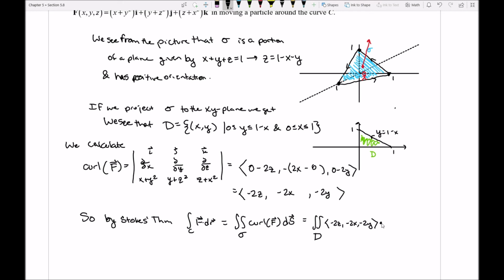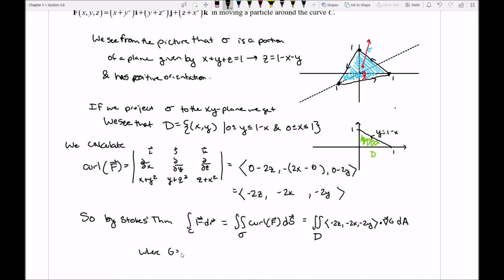And I can also multiply that by, you might recall, my gradient of g, and then multiply that dA.